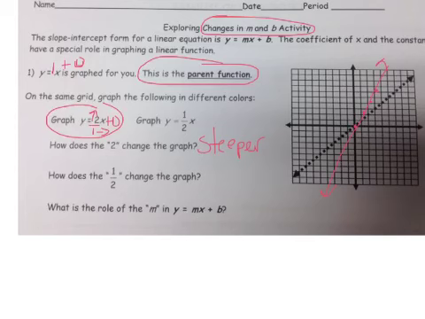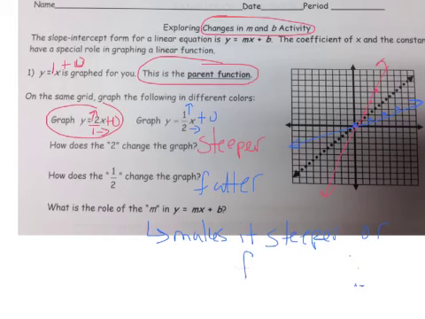We're going to do 1/2 x plus nothing, so this is up 1 over 2, starting at 0. It starts here at 0, up 1 over 2, up 1 over 2, and the blue line is flatter. So what is the role of m? m makes it steeper or flatter.